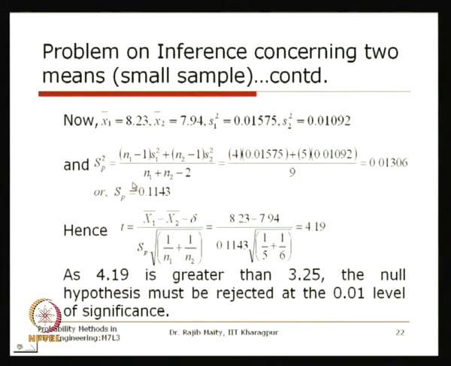So, here are the calculations. The mean for the first sample, x1 bar, is 8.23, and the mean for the second sample is 7.94.